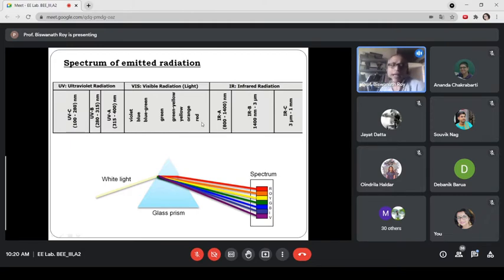An electric lamp is designed in such a way that most of the radiation should go to visible radiation. Otherwise, we are not getting light from it. Whatever may be the radiation from an electric lamp, the visible radiation should be there. The more the visible radiation, the more light we can get out of that lamp.